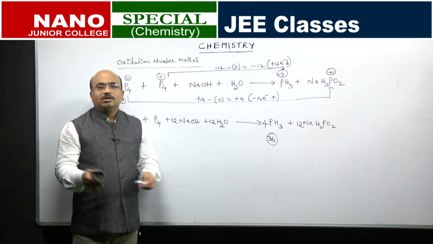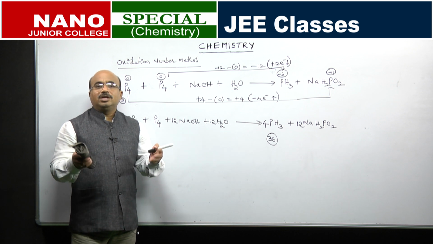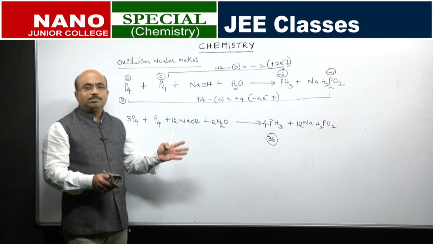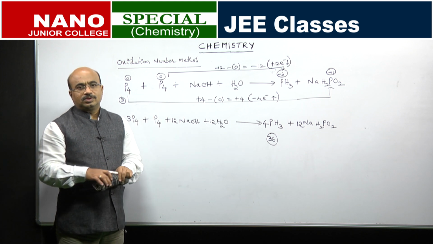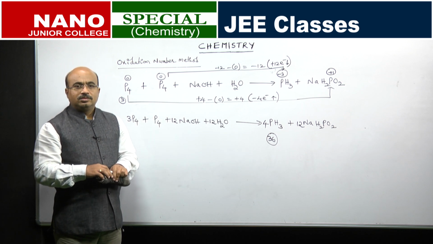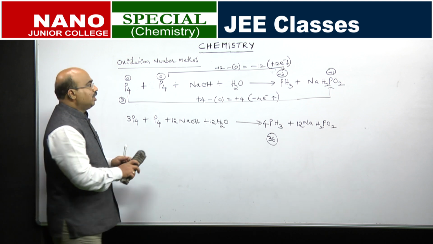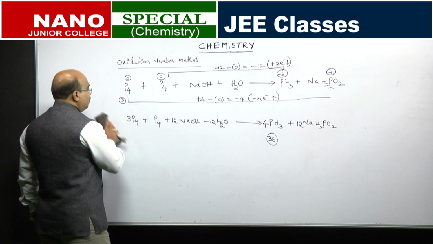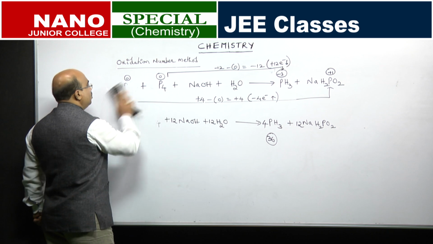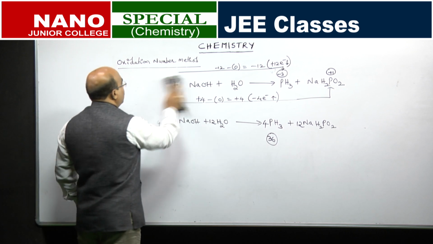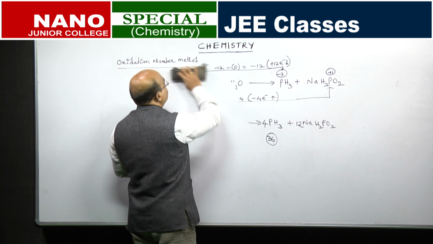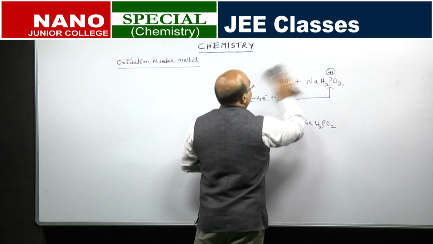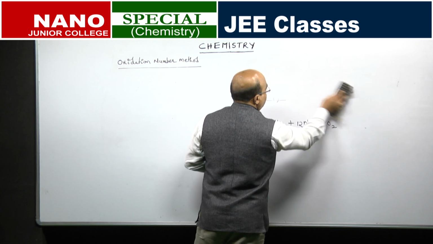It is a simple equation which you are balancing by the hit and trial method, such type will be applicable at the later stages. Clear? Let us take another disproportionation and see what types of general disproportionation reactions we come across. So, let us take that again and do it.